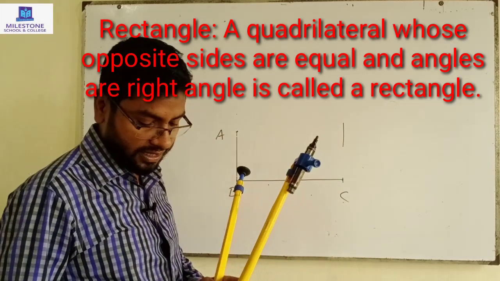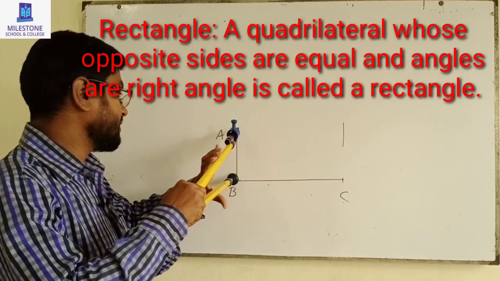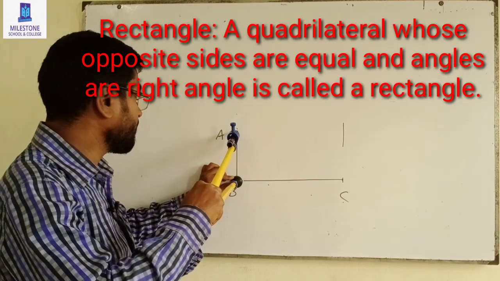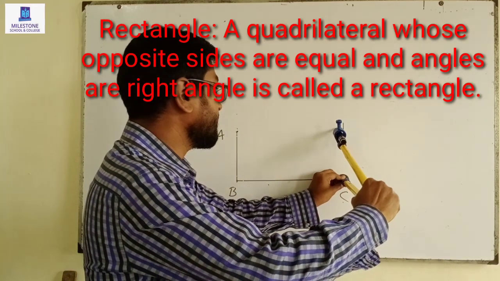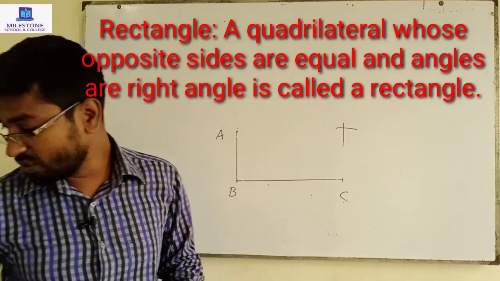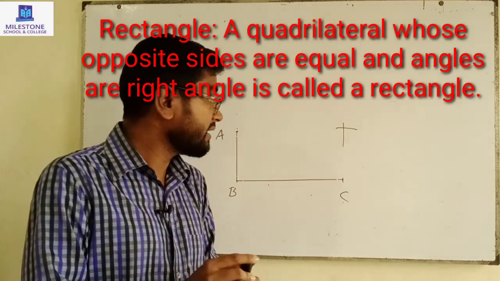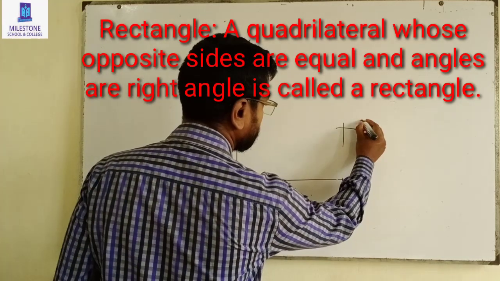This is the part of a circle. Arc means part of a circle. Then we will take the exact length of AB. Then on the C point we will give an arc. Then we got a new point. This new point's name is D.